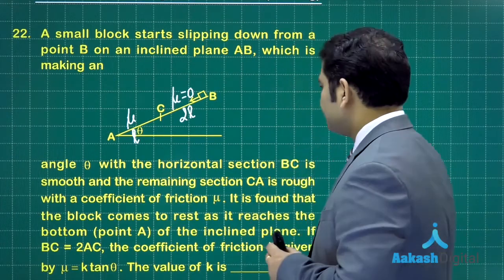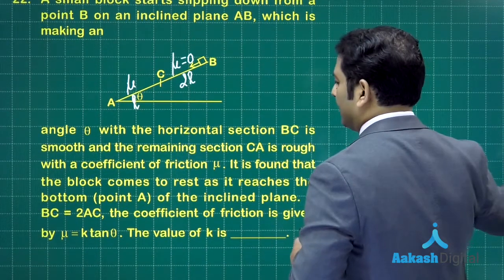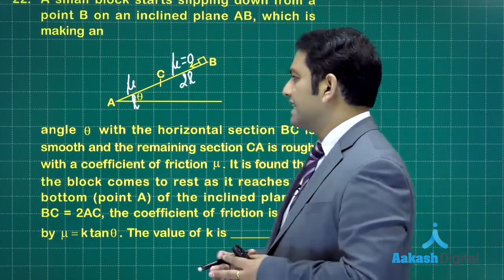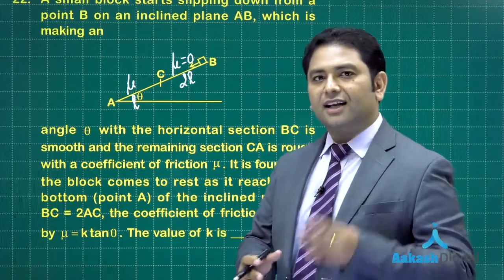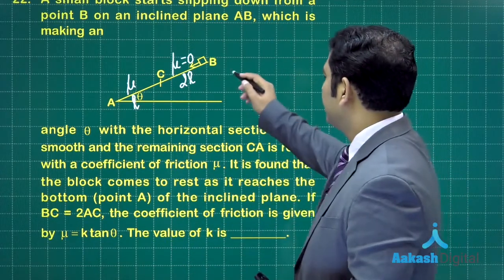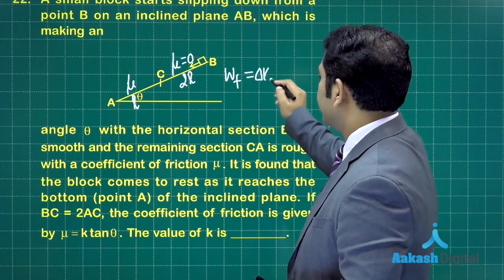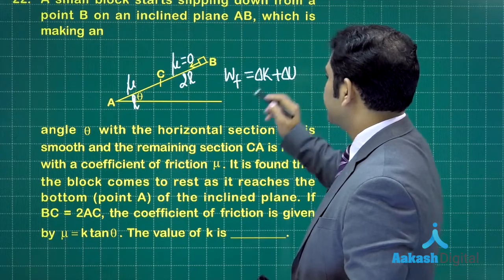And let's see now, from this we need to calculate the value of mu, and we need to compare with K tan theta. Let me use the mechanical energy equation. Work done by friction is going to be the change in kinetic energy plus change in potential energy.